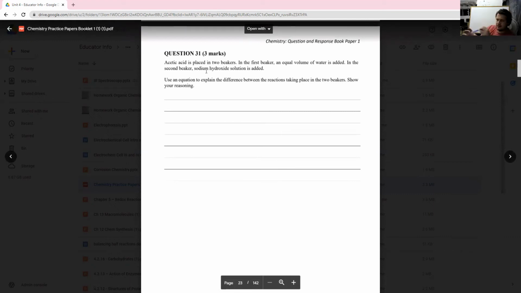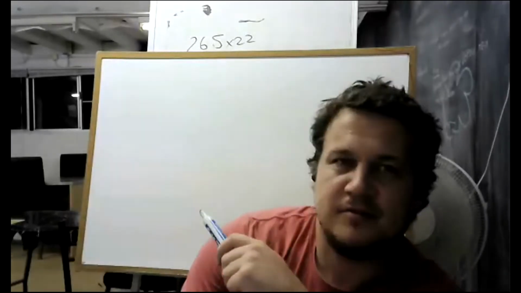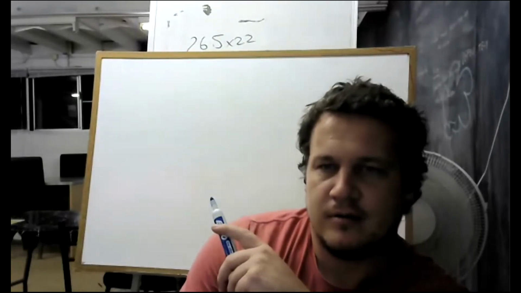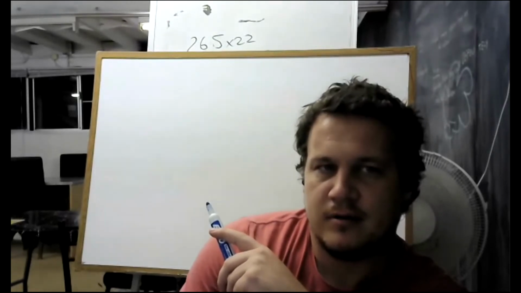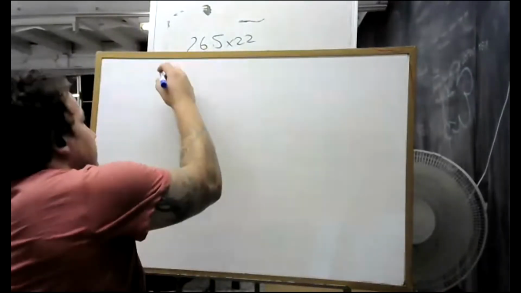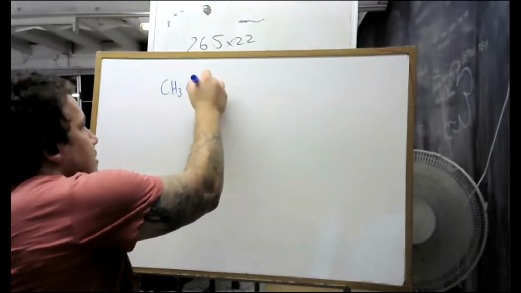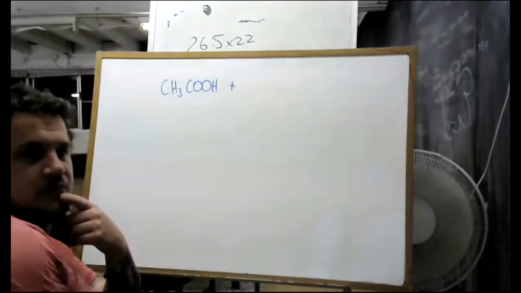So again, I'll stop sharing the question. So in beaker 1, we have acetic acid, which is essentially just methanoic acid.